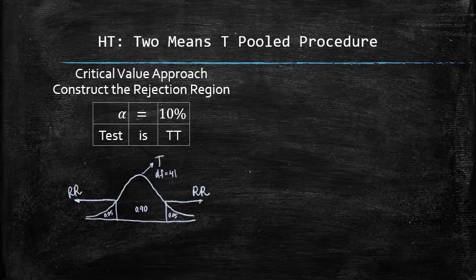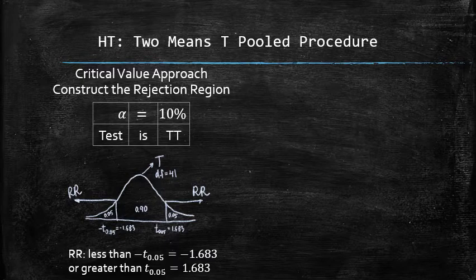The boundaries of the region are the critical values, negative t 0.05 and t 0.05, which are negative 1.683 and positive 1.683. So the entire region can be described as all the values to the left of negative 1.683 or to the right of 1.683.